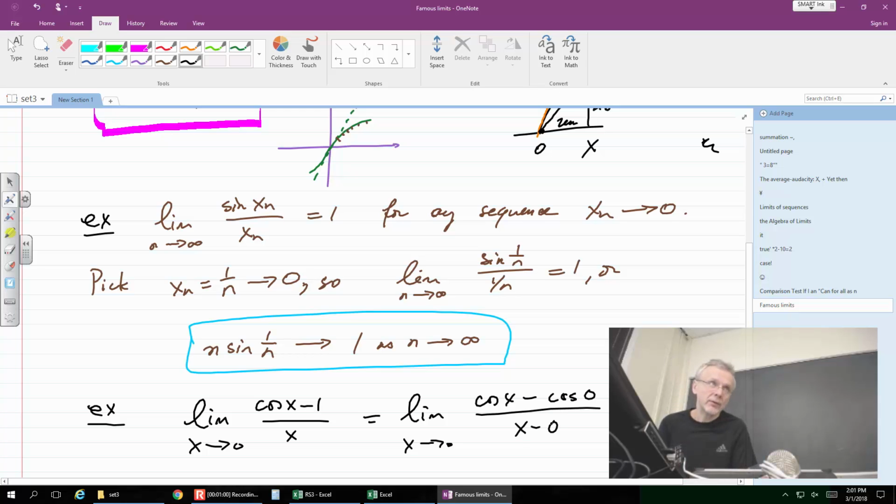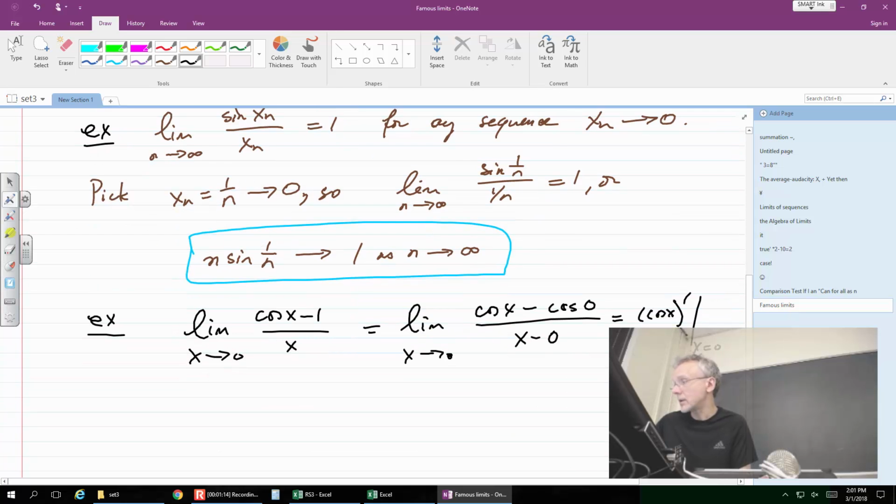So once again, this is the difference quotient, and well, its limit is the derivative. So this is cosine x prime at x equals 0, which is negative sine at x equals 0, and so the answer is 0.